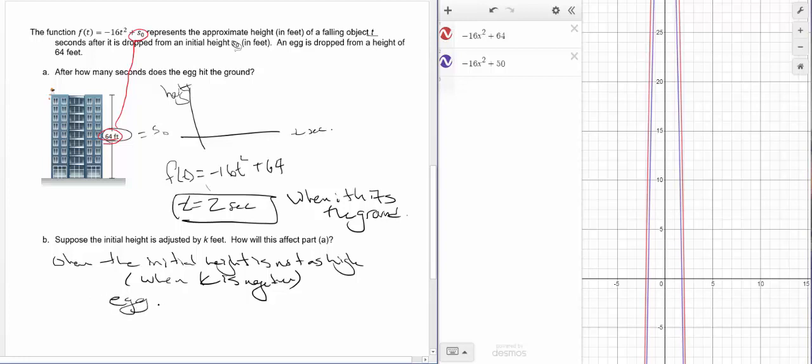I hope that matches what you would hope for in reality. The egg hits the ground sooner because the zeros are smaller.